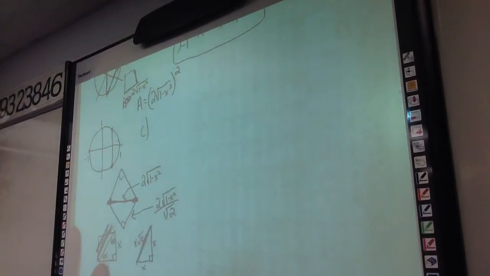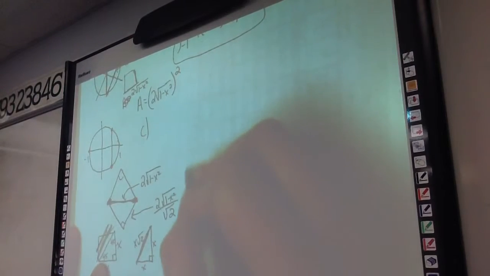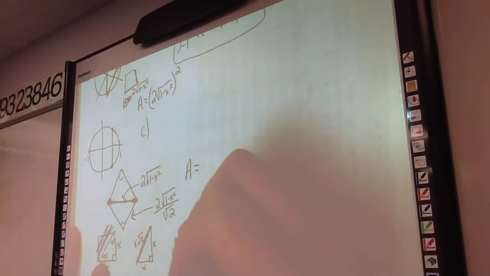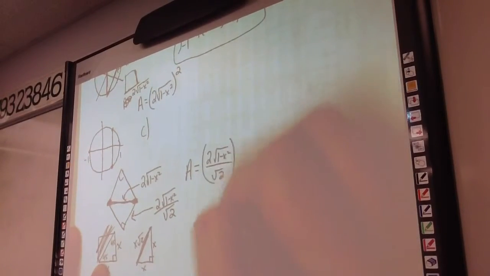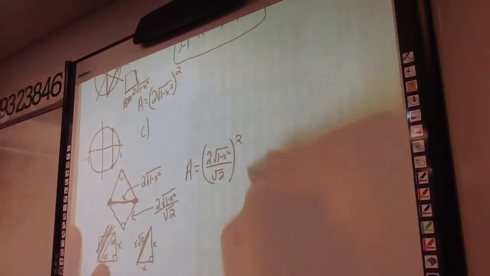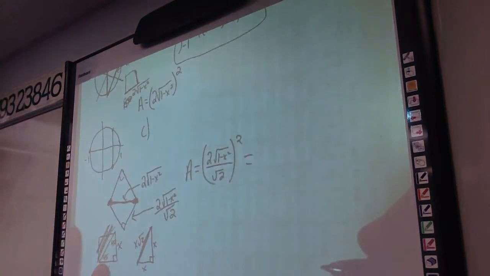Okay, so now that we know the length of this side, can you find the area of the square? That square. Isn't it just 2 square root of 1 minus x squared over the square root of 2, squared? And you can simplify that. Yes, you can.